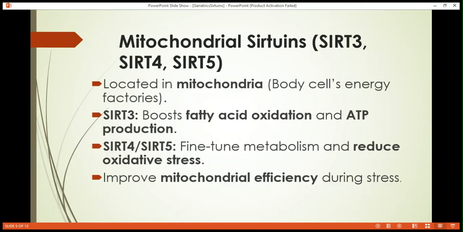Then 4 and 5 fine-tune metabolism and reduce oxidative stress, which improves mitochondrial efficiency during stressful situations that make the body have low energy levels.